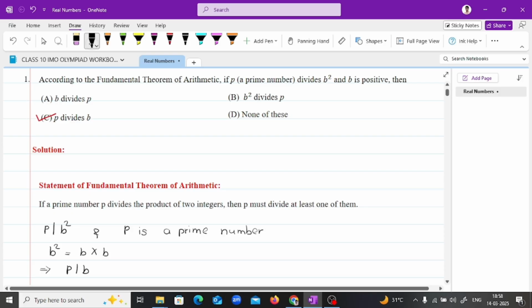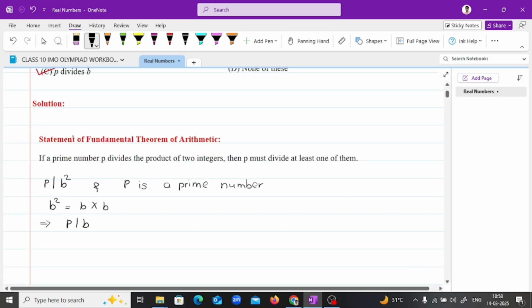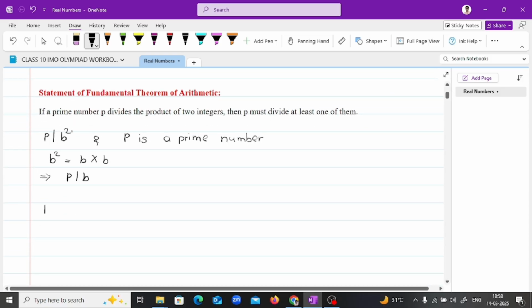We can verify this statement with the help of an example also. We will take the value of p as 5 and b as 10 and check whether this statement is true or not. If b is 10, then b square will be 10 square, which means 100.